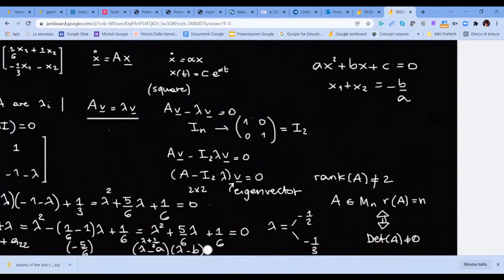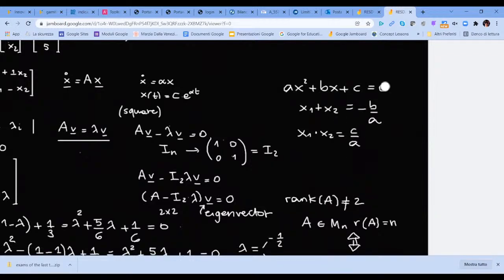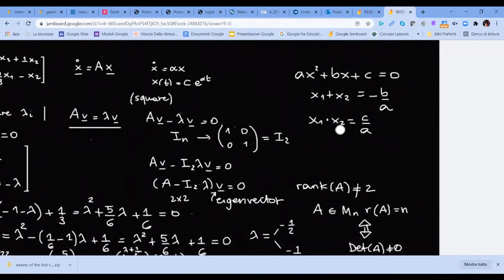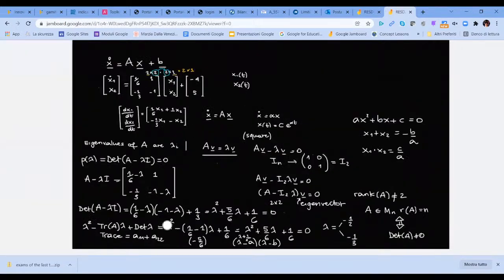But the solutions will be the same, because if we multiplied the whole trinomial by 6, we obtain the same solutions. And the product of the two roots is always the known term divided by a. If you remember this one, you know that if you want the roots, you have to change sign. If you want only to factorize, you can take the two elements that are added together. Okay, I think now it is clear.